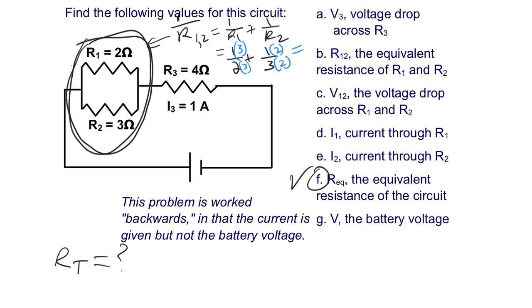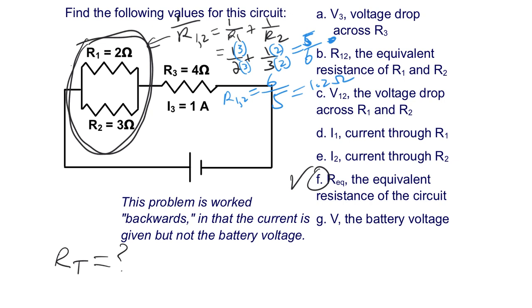So we get 3 plus 2 is 5 over 6. So R12, total resistance of just that part, is equal to, flip it around, 6/5, which comes out to 1.2 ohms.